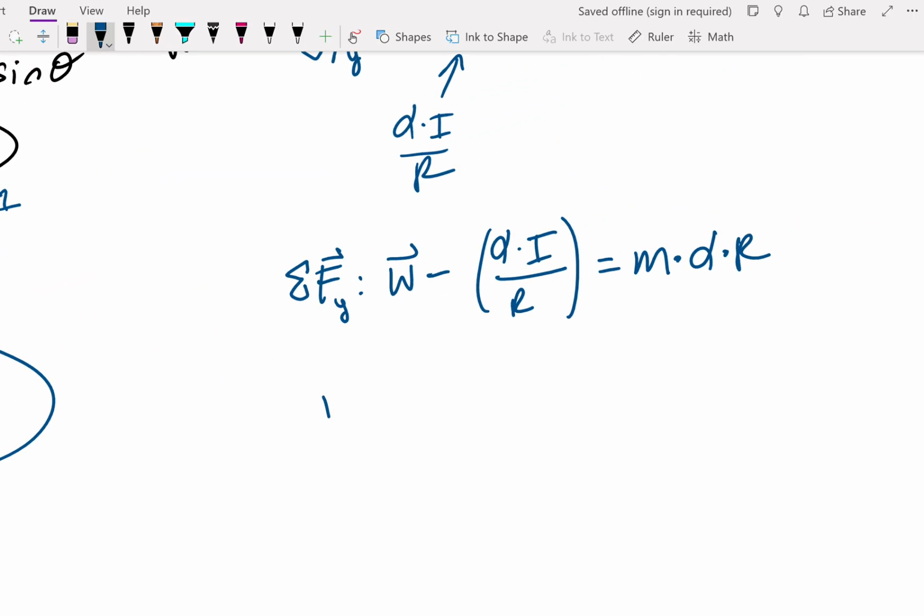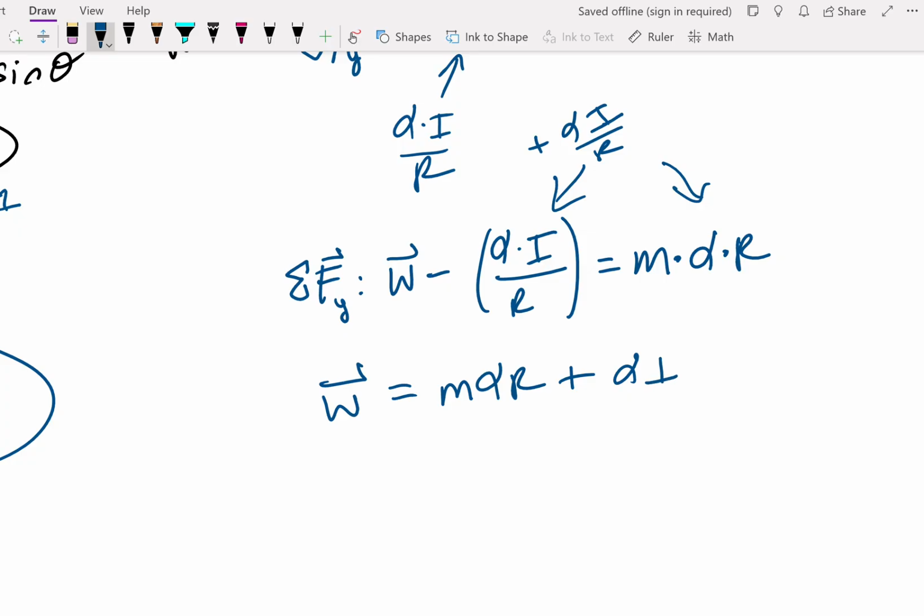So we have our weight on the left-hand side, and I want to have alpha and alpha on the same side of the equation. So I'm going to keep our weight on the left-hand side, and what I'm going to do is add alpha times the inertia divided by the radius to both sides. So we have our weight equals mass times angular acceleration times the radius plus angular acceleration times inertia divided by the radius.